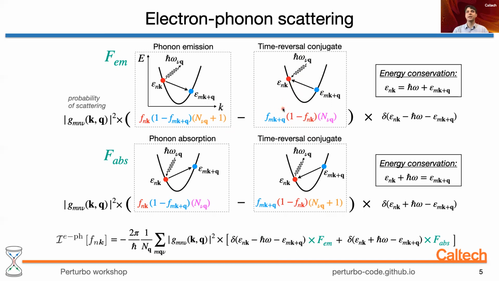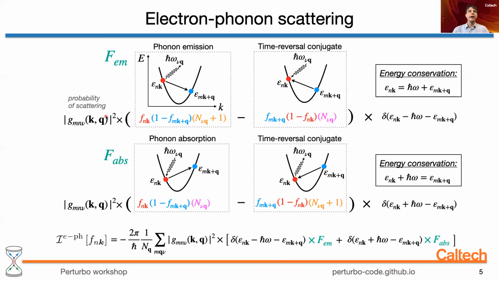So we basically just interchanged these occupation functions, and then since we absorb a phonon, now we multiply simply by n. As well, we need to take into account the energy conservation in these processes. We can easily see that this process can happen if the initial energy is equal to the final energy plus the phonon energy. So this is the conservation law, and we can multiply by the corresponding delta function of this term.